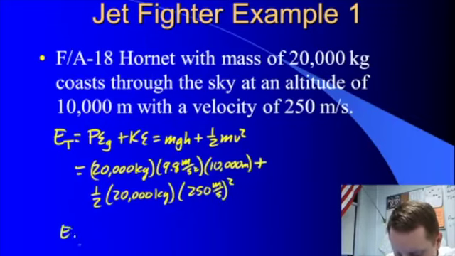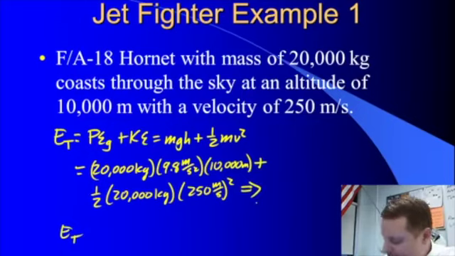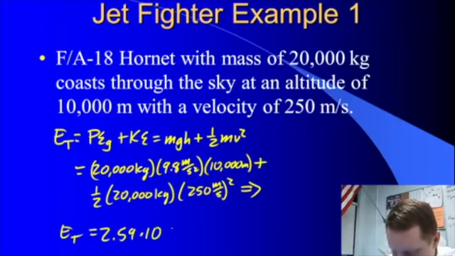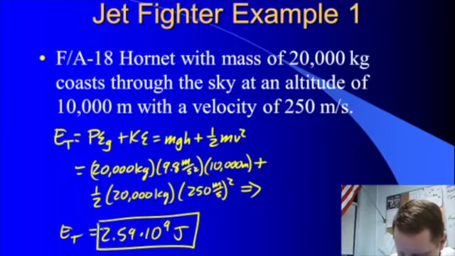And when I put all that together, I find that the total energy comes out to be about 2.59 times 10 to the 9 joules. A very large amount of energy because you've got a high velocity, a high altitude, and a pretty big mass.